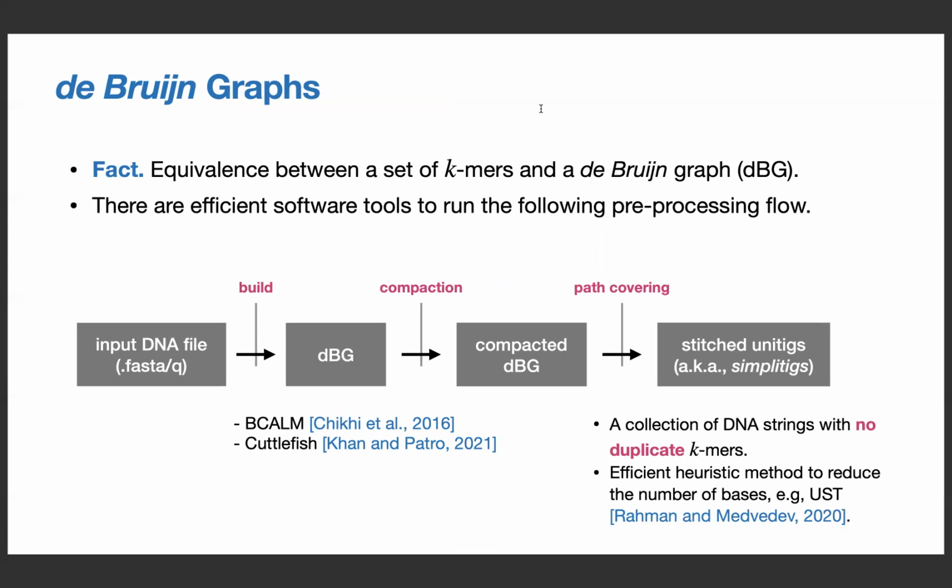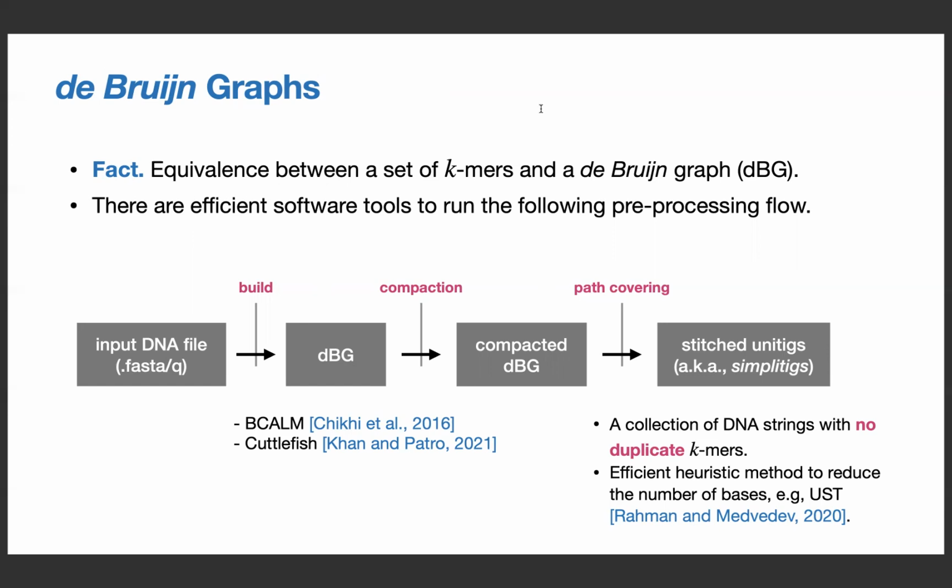I will not really talk about de Bruijn graphs. It's sufficient to point out that there are efficient software tools that run the following preprocessing flow. We build the de Bruijn graph starting from a collection of input files that we want to index. Then we compact this de Bruijn graph into the so-called compacted de Bruijn graph.